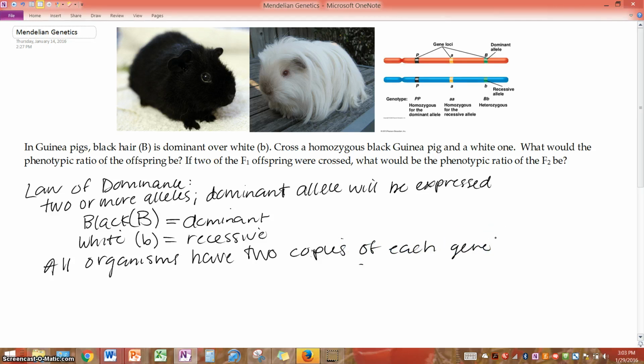These copies can be the same allele or they can be different. If they're the same, we say homozygous. If they are different, we say heterozygous.